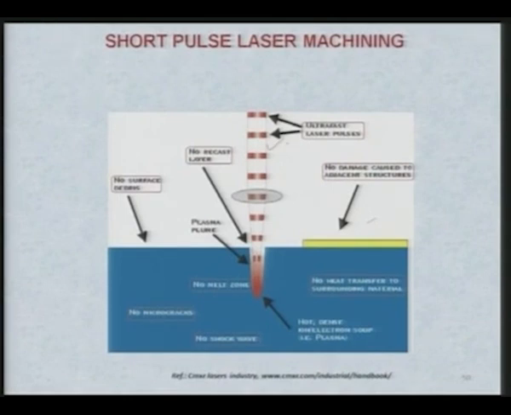So, you can clearly see the difference in the short pulse and long pulse lasers. Now, there is no recast layer seen over here, and no melt zone is visible, no micro cracks are there, and heat affected zone is also not shown over here, and there is no damage, no surface debris on the top of the surface or machined surface. So, these are some of the characteristics of short pulse laser machining.